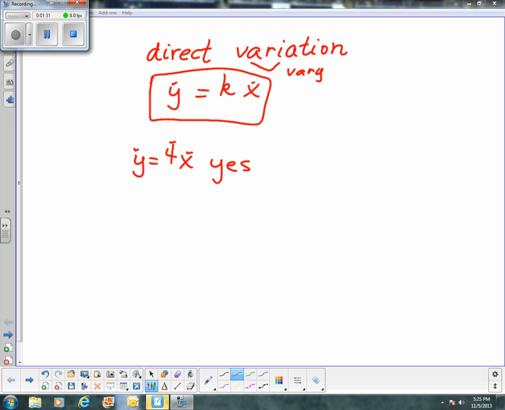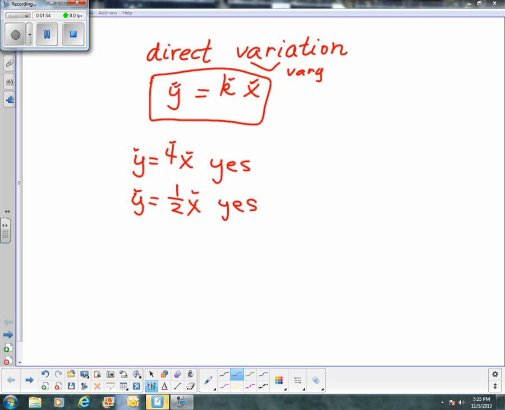How about y equals 1/2 x? Again, we have a y here, a y here, x here, x here, and we have a value for k. So this too would be a direct variation.